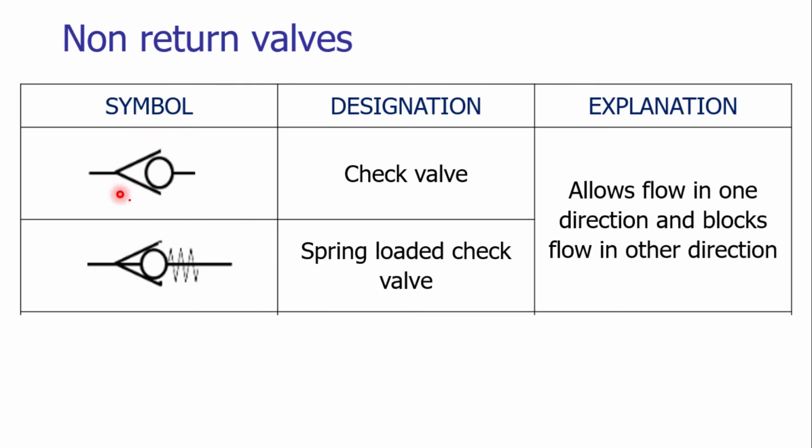Already we have seen the meaning of this symbol and how it has been derived. The check valve is allowing the flow in only one direction and it is blocking the flow in the other direction. So we can have the spring loaded check valve as well. When the check valve is spring loaded, we are using a zigzag line as shown on your screen.